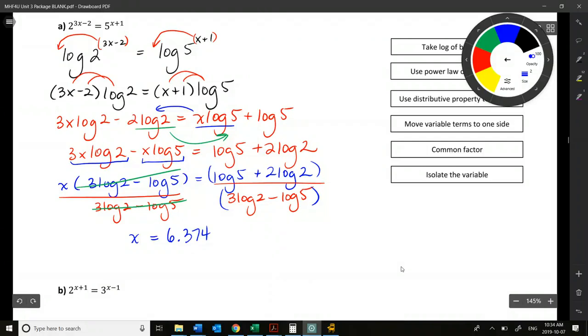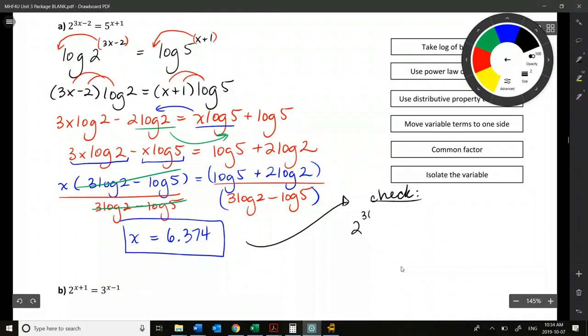Okay, so that looks about like what should be the right answer. We'll do a final check here by subbing that in. So 2 to the exponent 3 times 6.374 minus 2, and we'll check if that is equal to 5 to the exponent 6.374 plus 1.